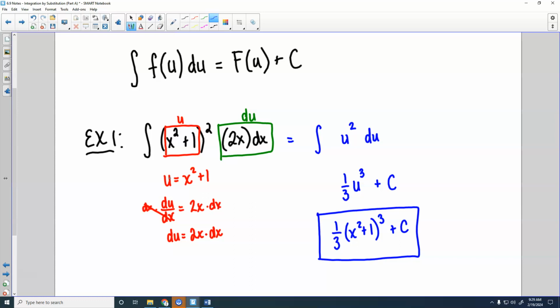There are some problems that we'll get to where it's kind of hard to tell. So you have to have this du to integrate. Like if maybe we say that on this problem, you've got something being raised to another power, so the inside is probably your u. But let's say that we chose something else, or maybe we did x squared plus 1 to the 2nd power, right?